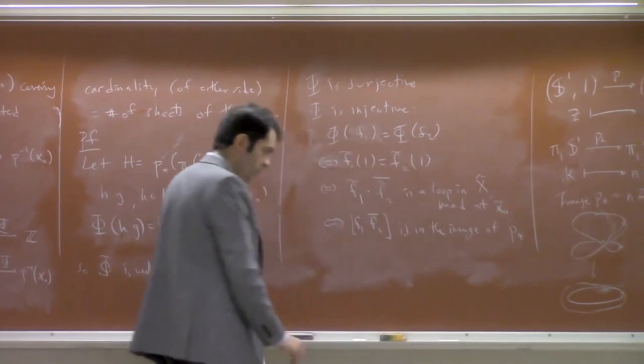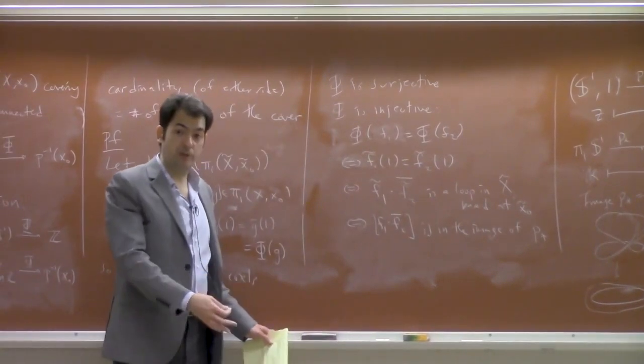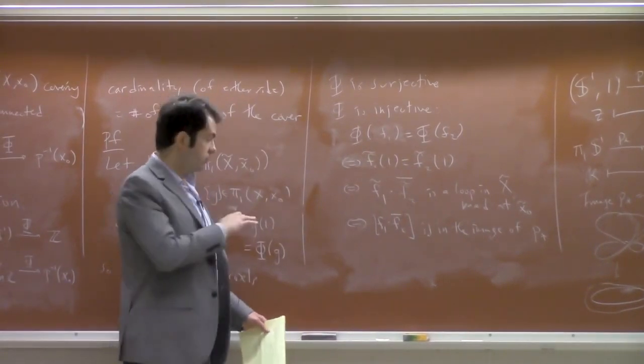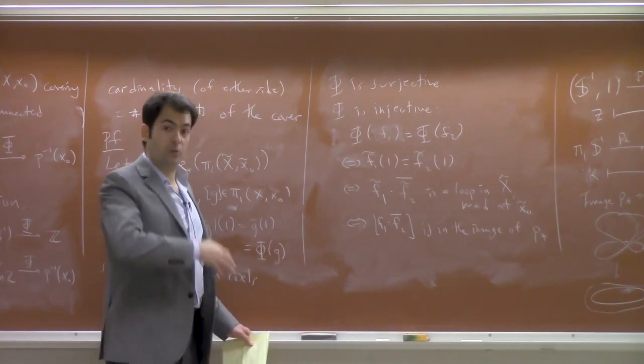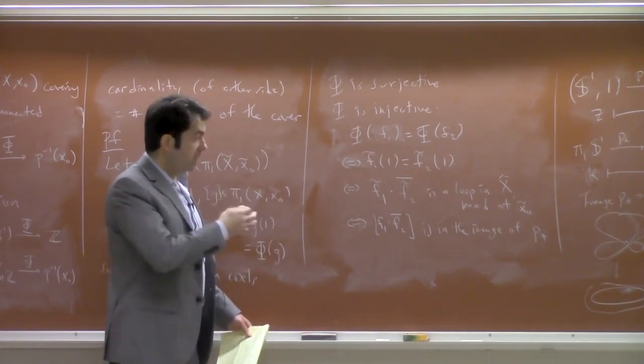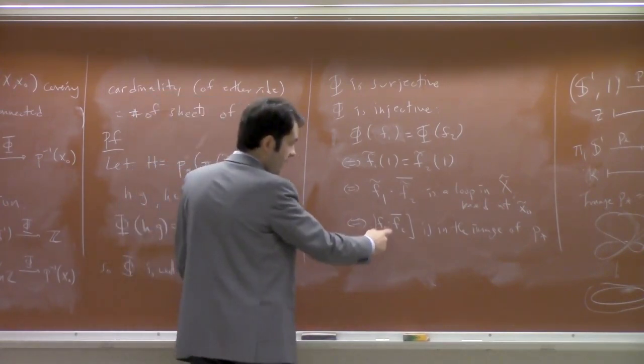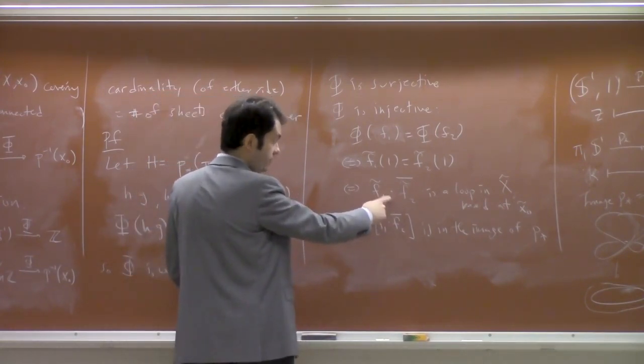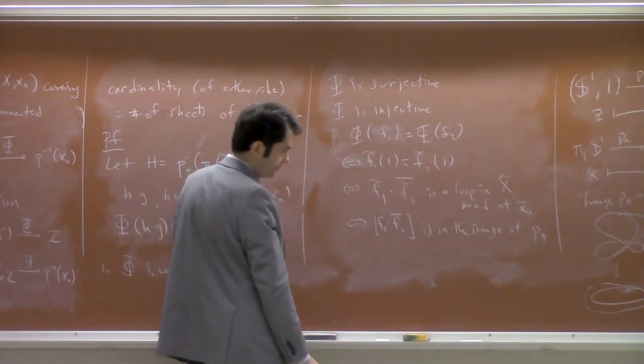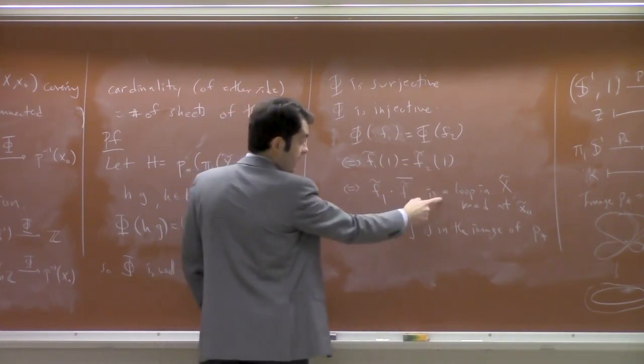of P star, right? Because we've shown that the image of P star consists exactly of those loops downstairs that when you lift them up become loops based at x naught tilde. And of course, the lift of this concatenation is the concatenation of the lifts by uniqueness. And that is a loop.